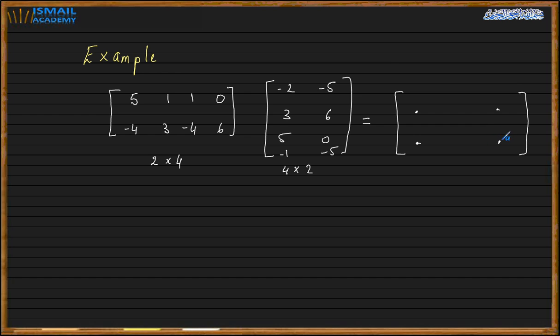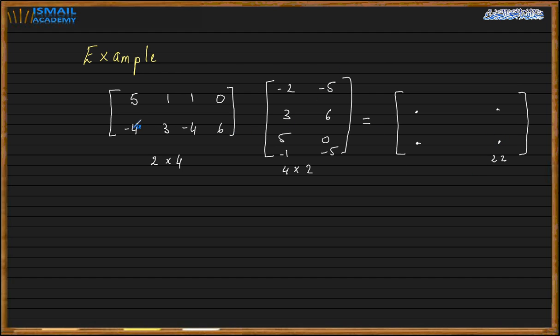For example, I want to start from this location. What is the address of this location? It is second row, second column. So what does second row, second column mean? Multiply the second row from the first matrix by the second column in the second matrix. So I will multiply that row with that column, and it will give me that entry.